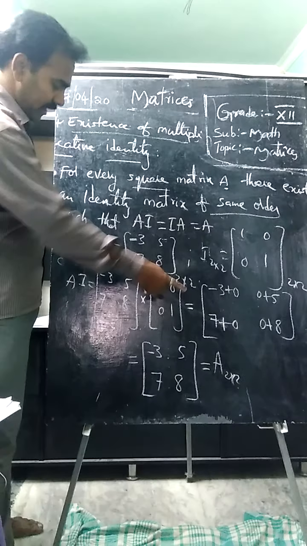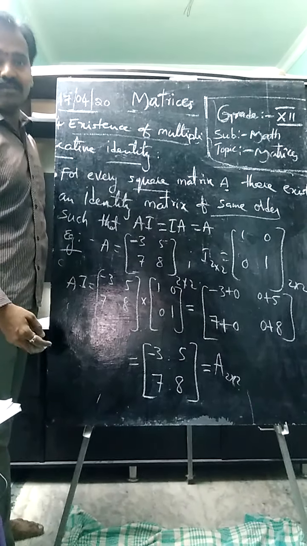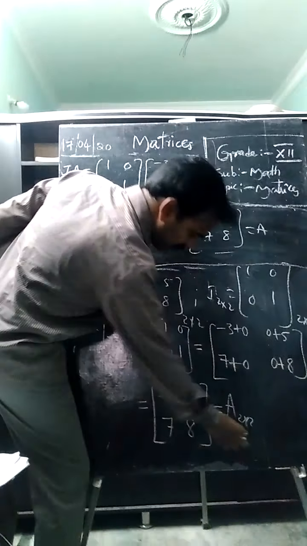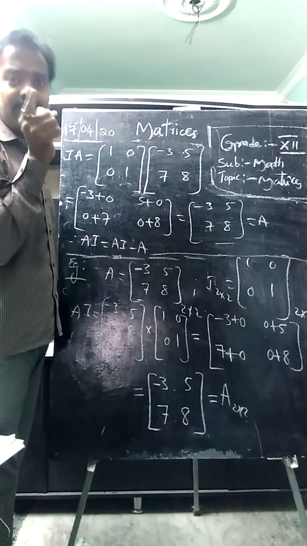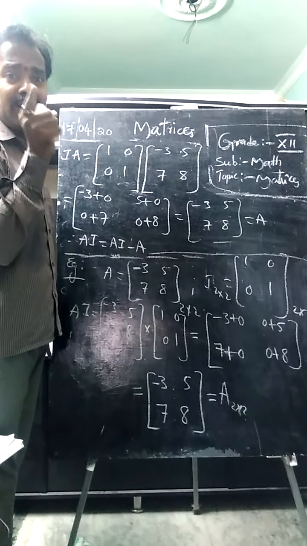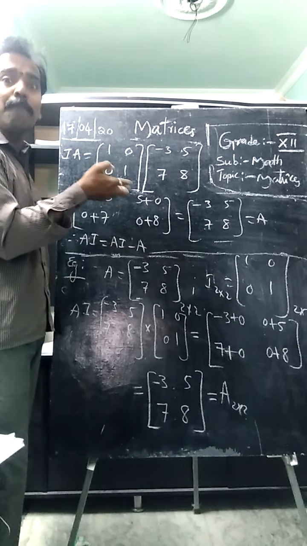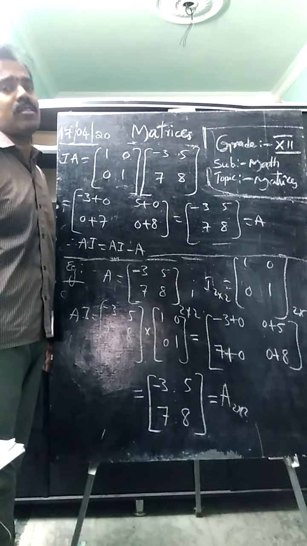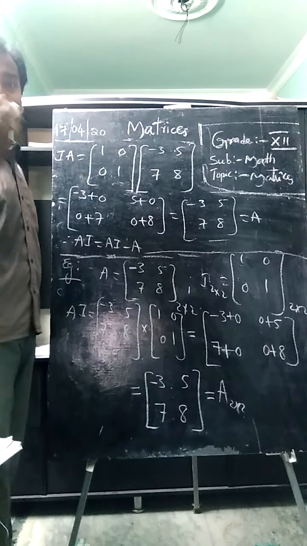So when we multiply AI, similarly IA also equals A. Just now we proved AI equals A for the same order matrix. Students, remember it should be a square matrix and the identity element should be of the same order as the square matrix. Then only this property is applicable. For a rectangular matrix, as we discussed, it is not true universally; two identities may exist, if they exist.